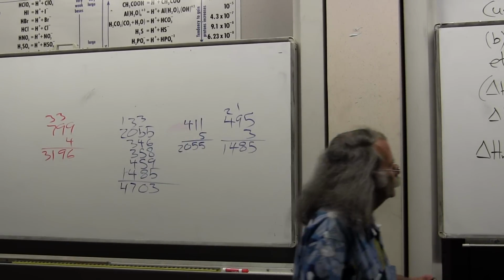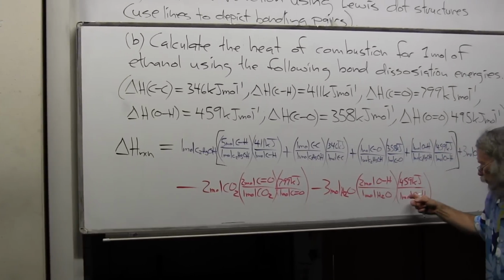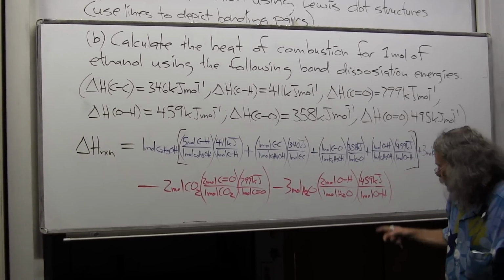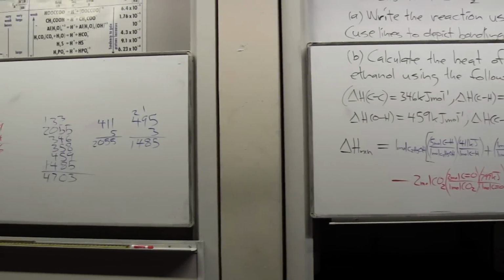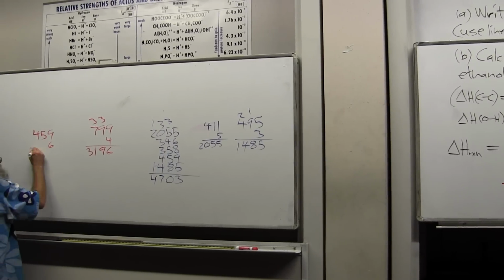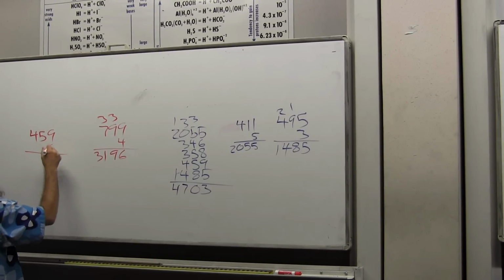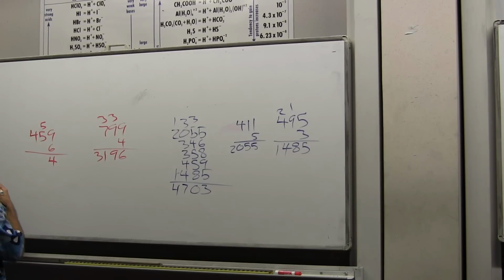And then I'm going to have to do almost the same thing. I have 3 moles of water and 2 moles of oxygen hydrogen bonds. So 3 times 2 is 6. 6 times 459. 459 times 6. 9 times 6 is 54. 5 times 6 is 30 plus 5. 4 times 6 is 24, and 3 is 27.